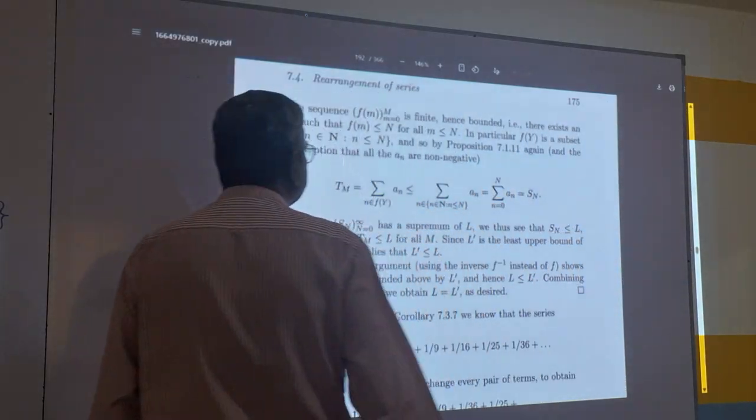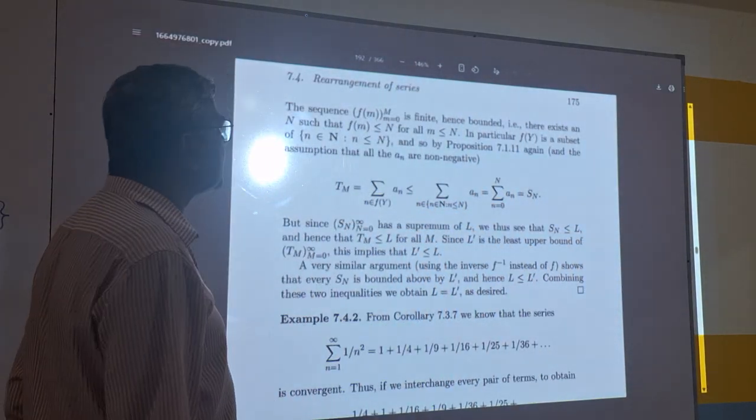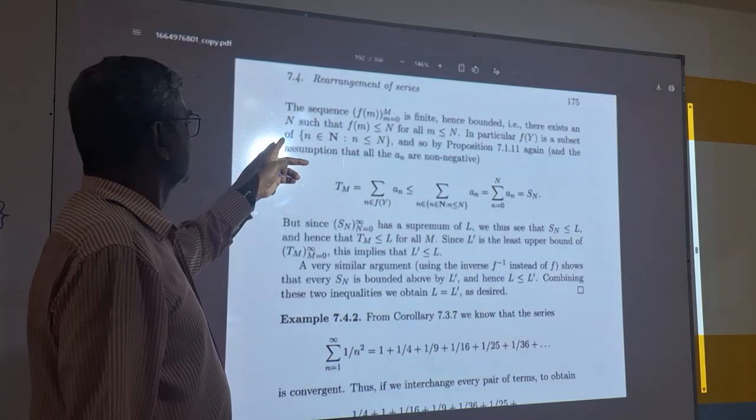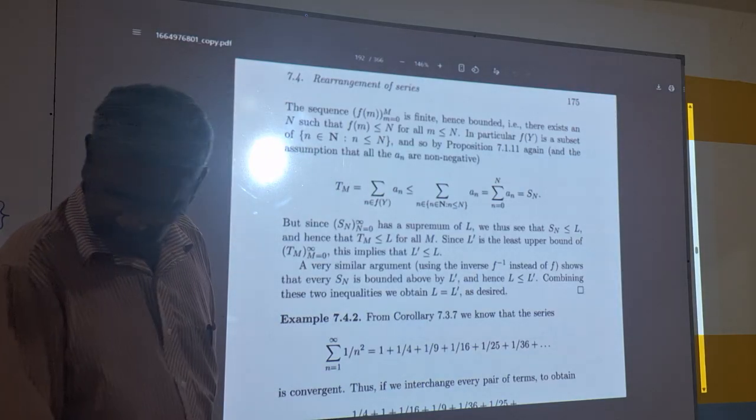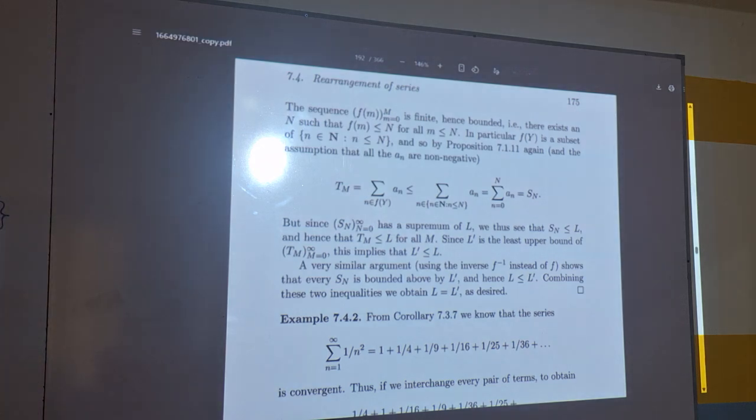In particular, Fy is a subset of the set of all n belongs to N such that n is less than or equal to N. If our y is 0, 1, 2 up to capital M, no? That is our definition of y.